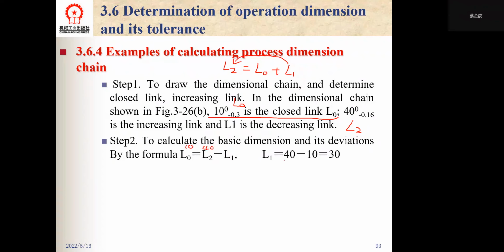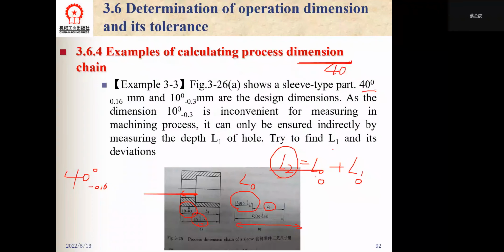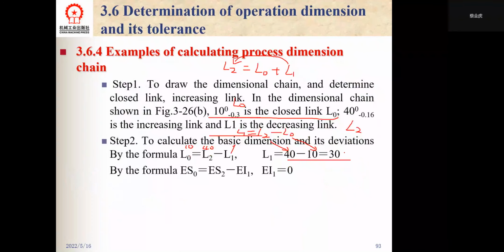We get L1 is 40 minus 10, which is 30. So the first question has found L1. L1 has been calculated.